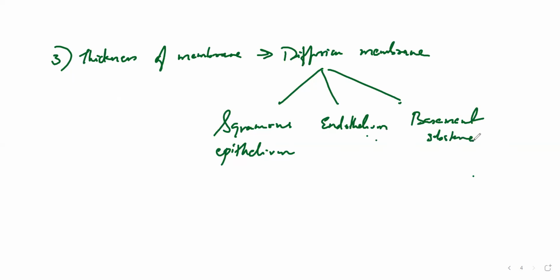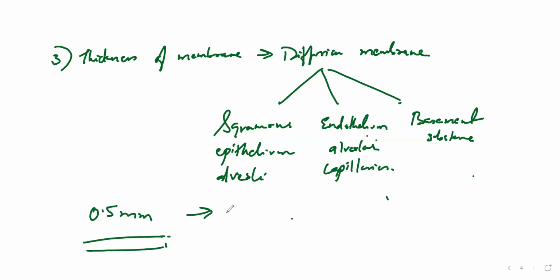The squamous epithelium is in case of the alveoli. The endothelium is again of the alveoli only, but the capillaries which are related to it, so alveolar capillaries. Whereas the basement substance will be between these two. If you take the total thickness of that particular diffusion membrane, it's about 0.5 mm.